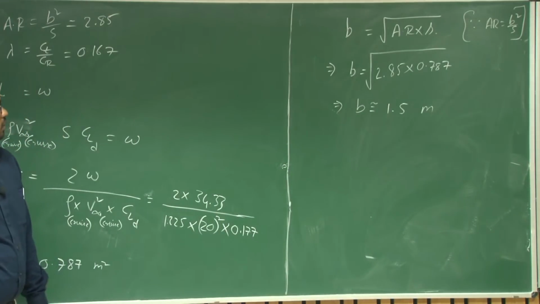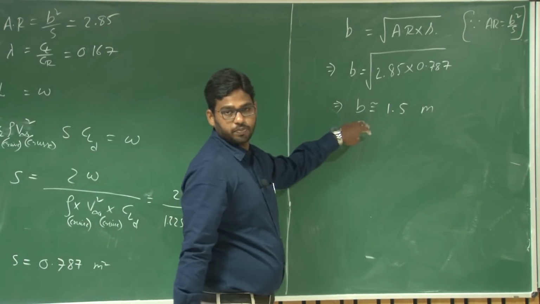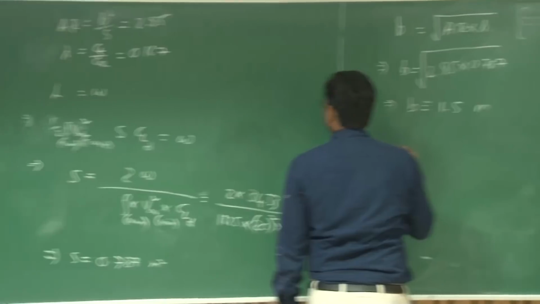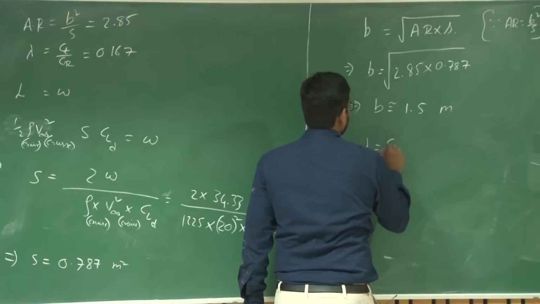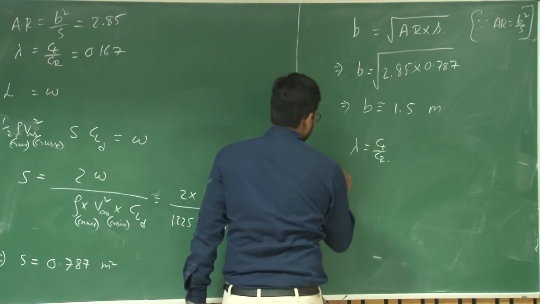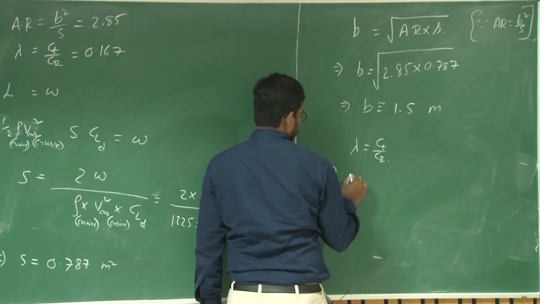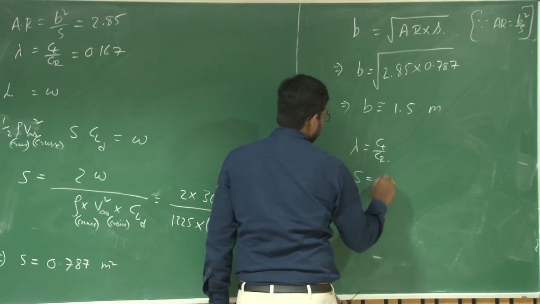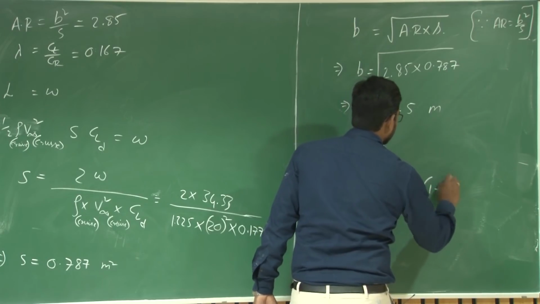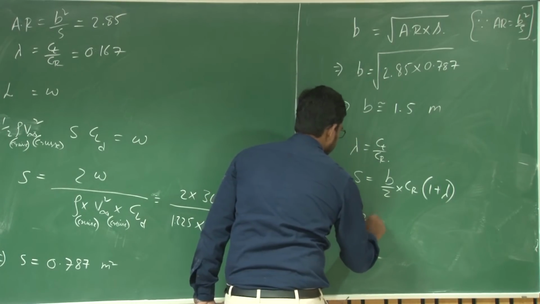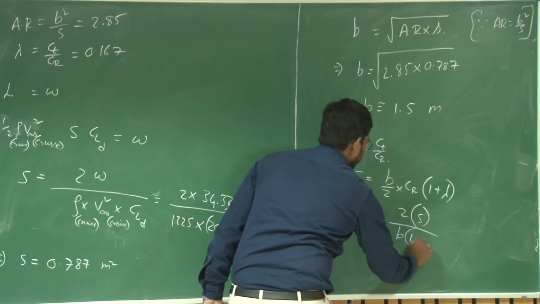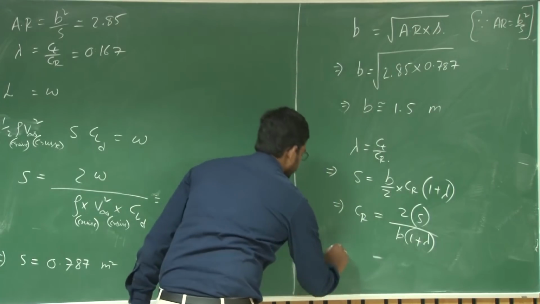Okay. So this should be approximately 1.5 meter span, and the other information that you have here is lambda, Ct by Cr. So we have area equal to b by 2 into Cr into 1 plus lambda. So Cr is equal to twice the reference area divided by span into 1 plus lambda.